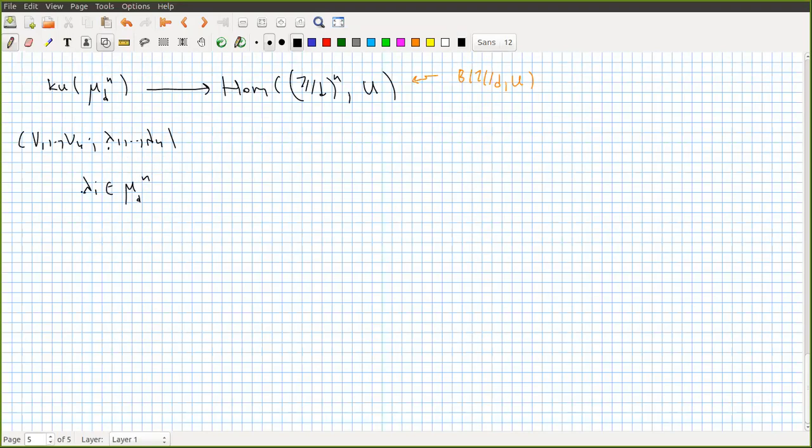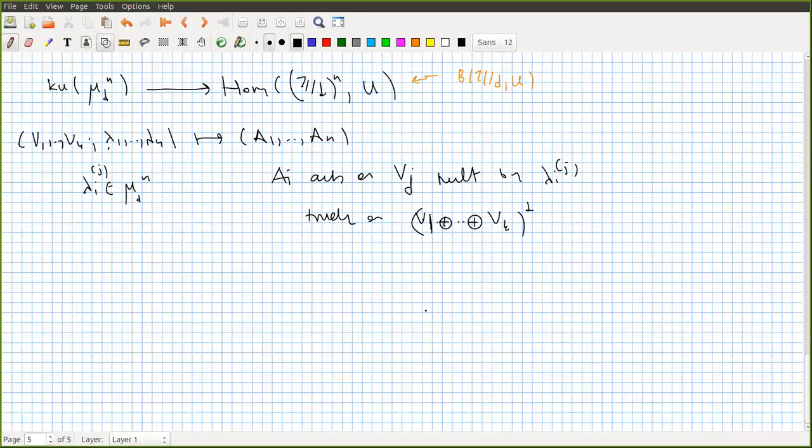To parameterize the n coordinates, there is an n-tuple of elements here, so I just use J for the n-tuple. You send this to the pairwise commuting n-tuple of unitary matrices which are d-torsion, where A_i acts on each V_j by multiplication by λ_ij, and acts trivially on the complement of this sum, inside C^∞.